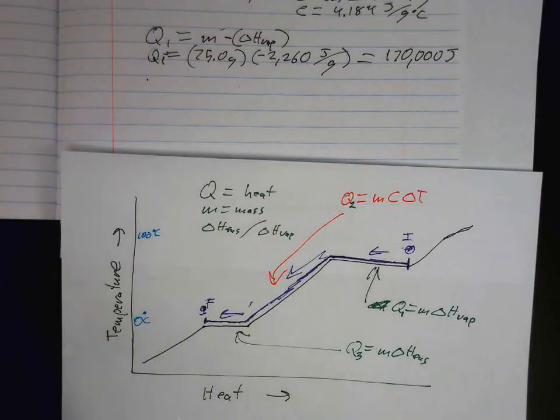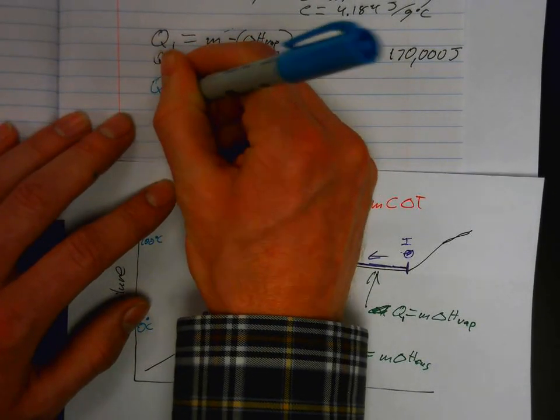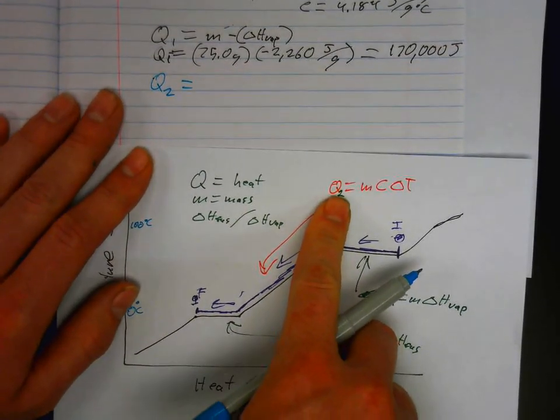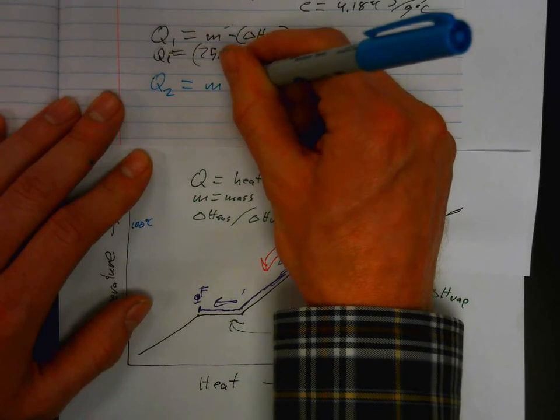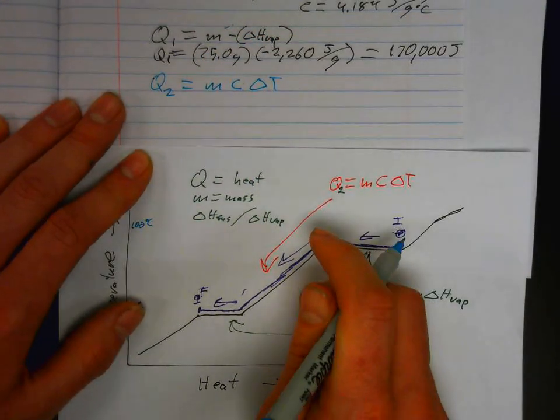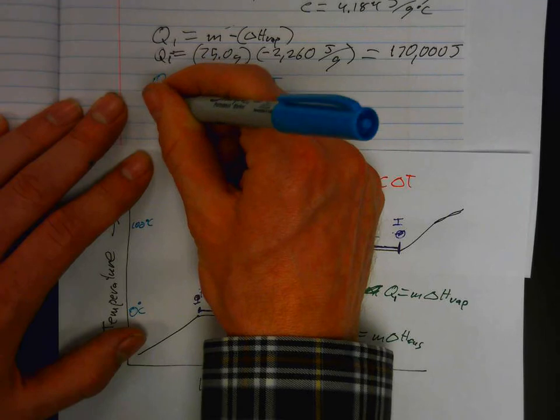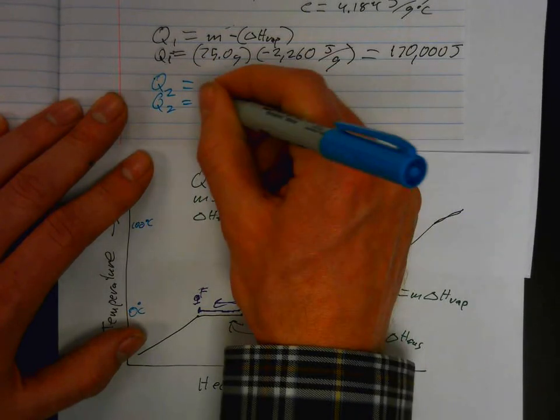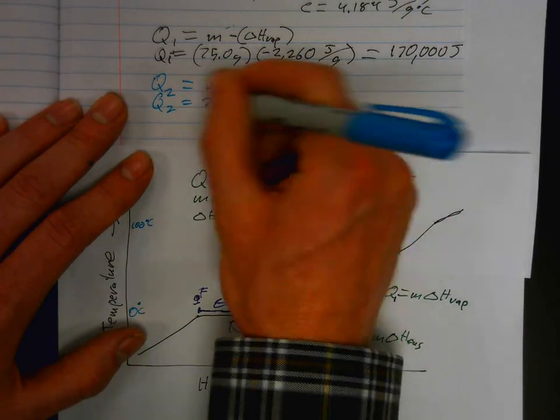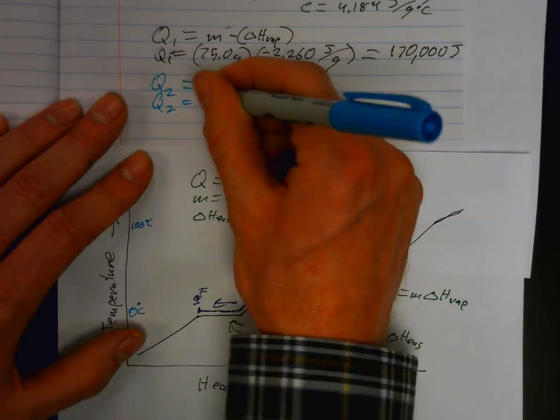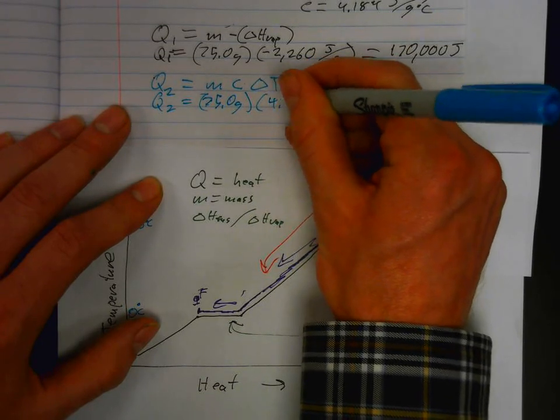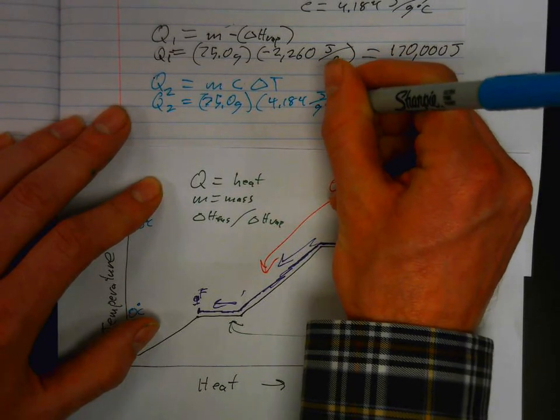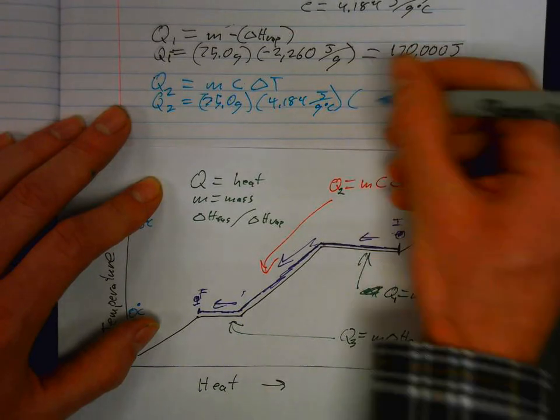Then Q2, that's this one. We're going to find that by doing the mass times the specific heat times the change in temperature. So the mass, again 75.0 grams, is multiplied by the specific heat, which is 4.184 joules per gram degrees Celsius, which is then multiplied by the change in temperature.